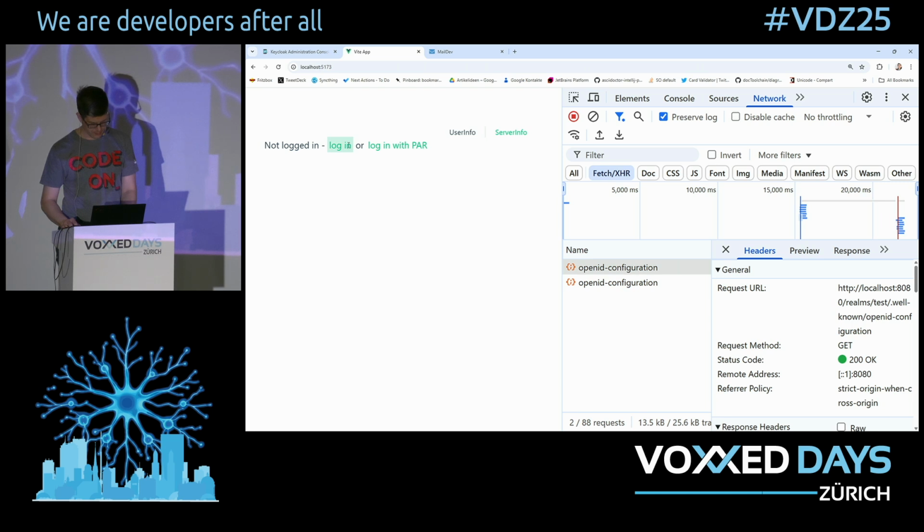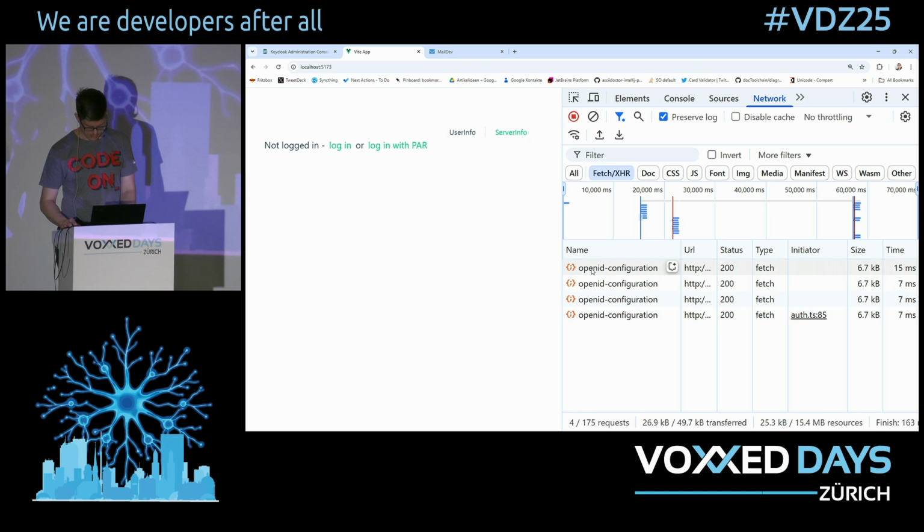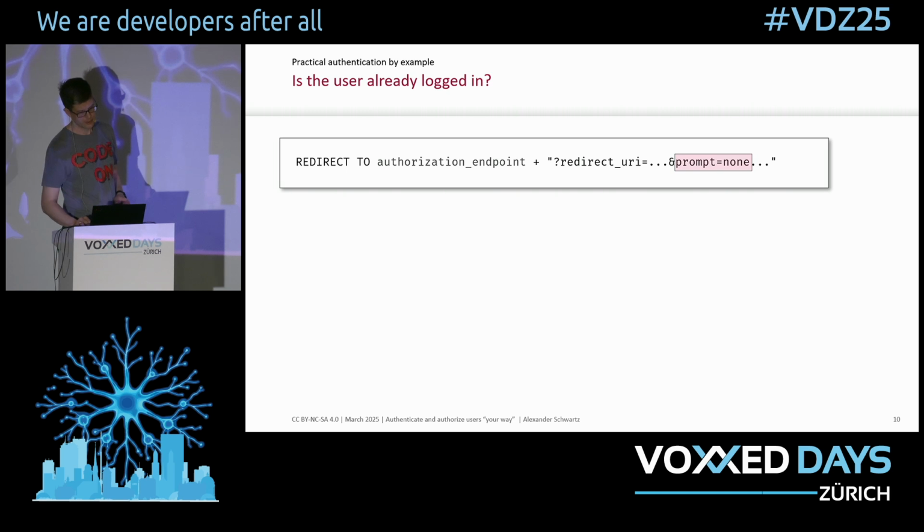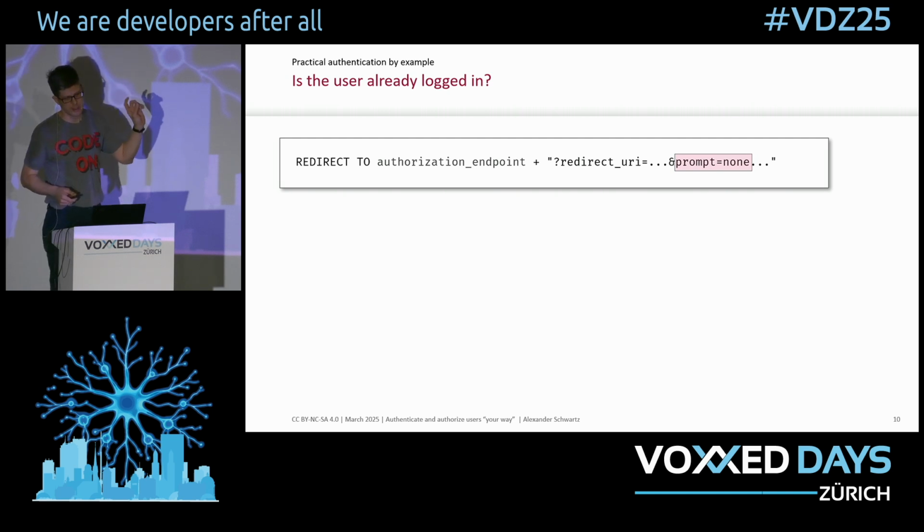I'm not logged in, and the first thing the application does when I refresh is redirect me to a specific URL with prompt=none. You take the authorization endpoint out of the well-known info endpoint, put in a URL where you want to get redirected back to, and add prompt=none. That will tell you whether the user is already logged in, yes or no, which is handy.